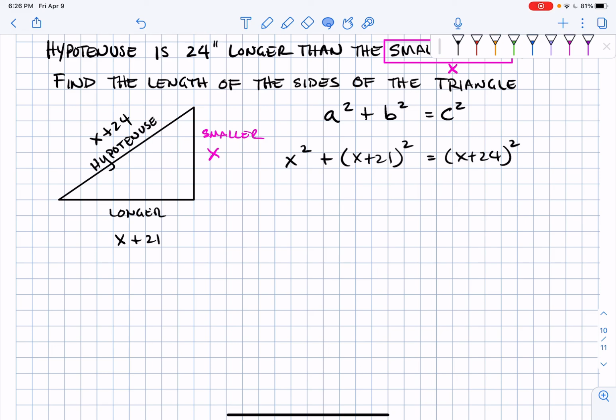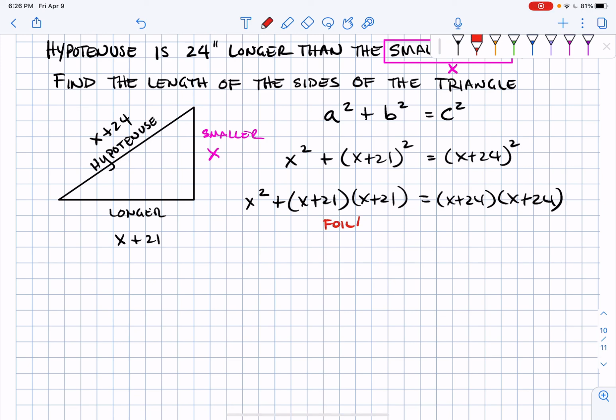All right, so this is actually saying x squared plus (x plus 21) times (x plus 21) is equal to (x plus 24) times (x plus 24). Correct. Because of the square, I have to write it twice, and that means I have to either FOIL or double distribute both of these.